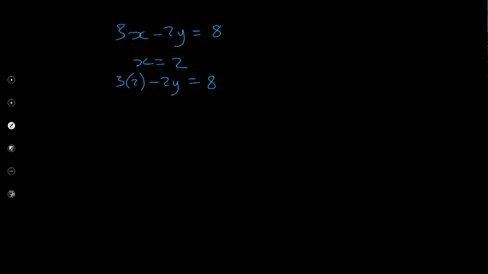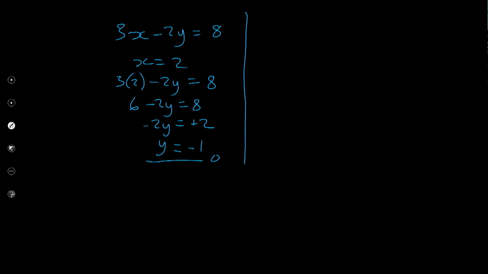This is 6 here, so it will be 6 minus 2y equals 8, so minus 2y equals positive 2, because it's going to be 8 minus 6. Then my y will be equals to negative 1, right? So it means my ordered pair for now will then be 2 and minus 1 there. Remember what we did when we were drawing the two graphs. That's where these points were intersecting.